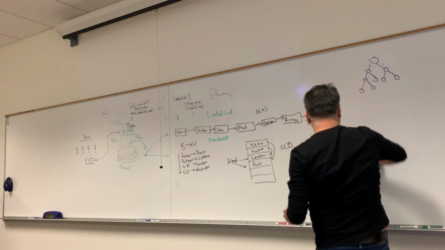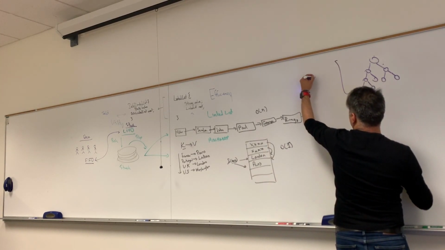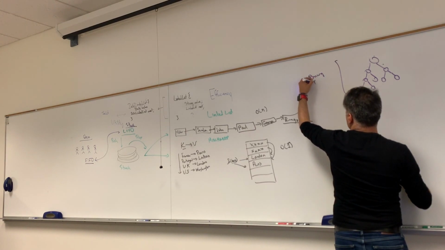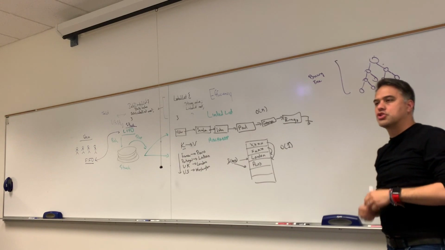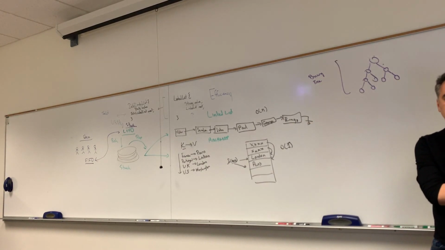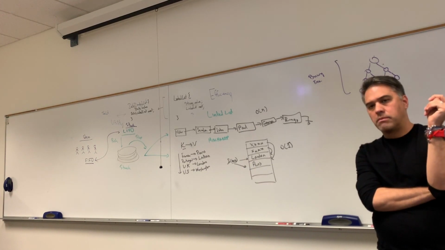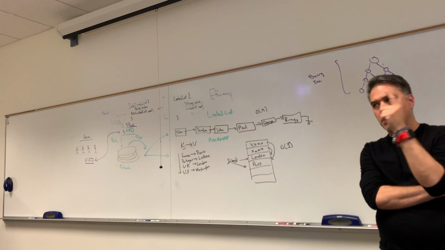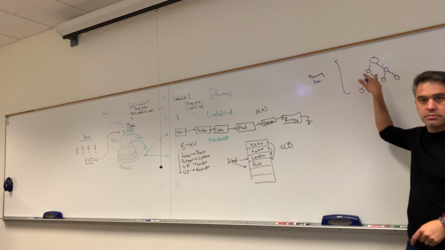the most common of all the trees is called a binary tree. Why would it be called a binary tree? What would it have to be so that it's binary? Each node has at most 2 children. Exactly. Each node has at most 2 children.